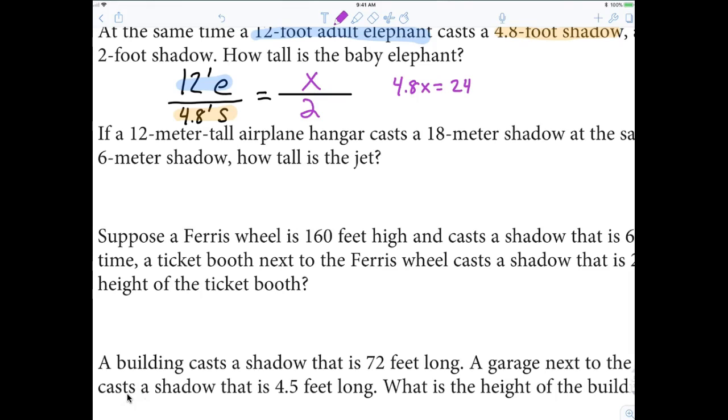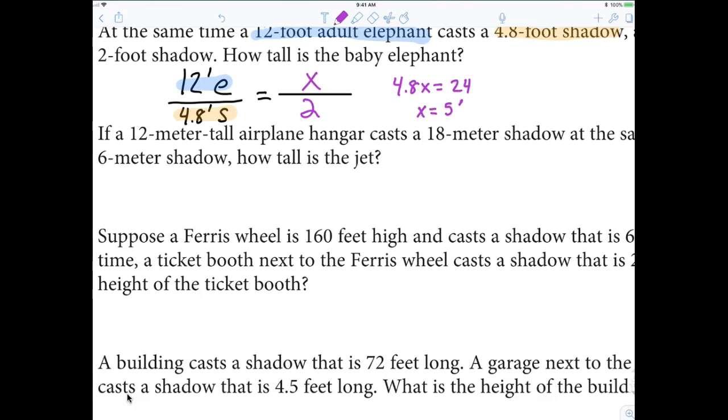The elephant and the shadow letters are there just to show you what goes on the top of the fraction and what goes on the bottom. After you cross multiply, we divide. So x is equal to what? 5. So the baby elephant would be 5 foot tall.